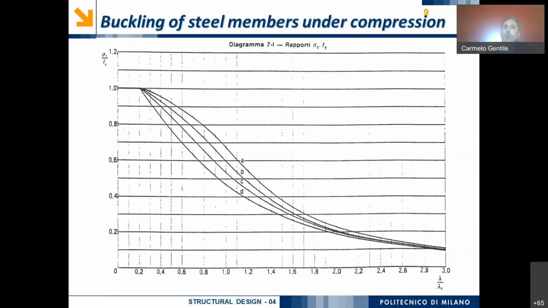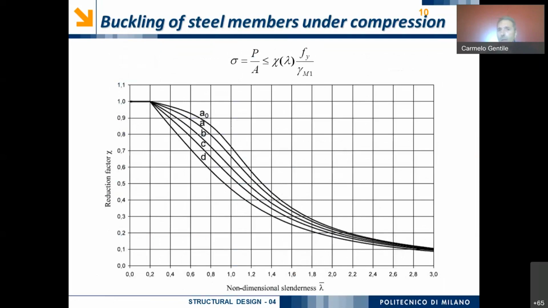How is it possible to define the stability curve? Okay, we can define the stability curve both in terms of chi or in terms of omega. Okay, so look at this.